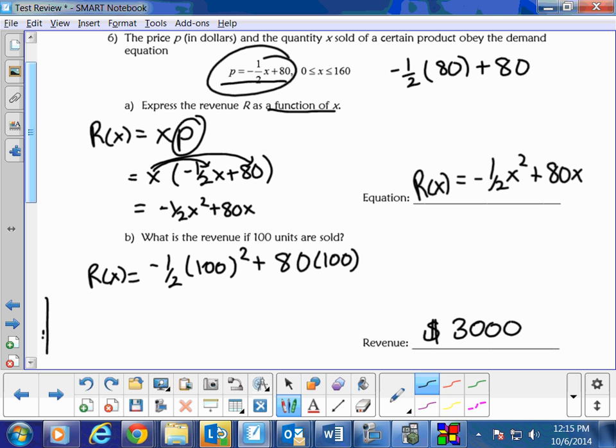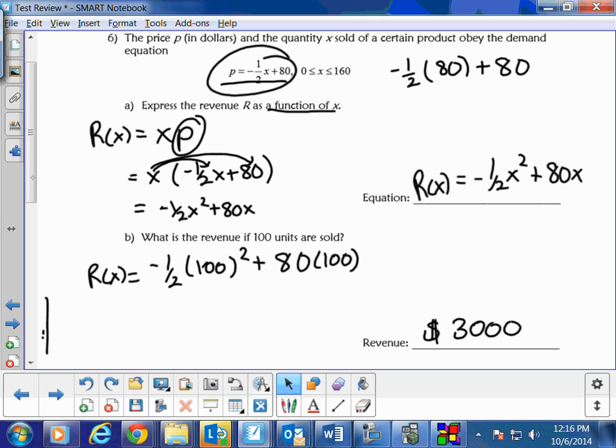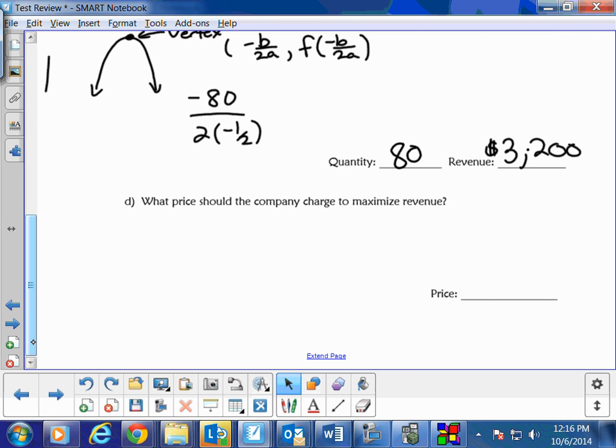Let me get my calculator back out and clear this. Negative 1 divided by 2 times 80 plus 80. That means $40 should be charged there. All I did is reapply it to my original price equation. So it was exactly $40.